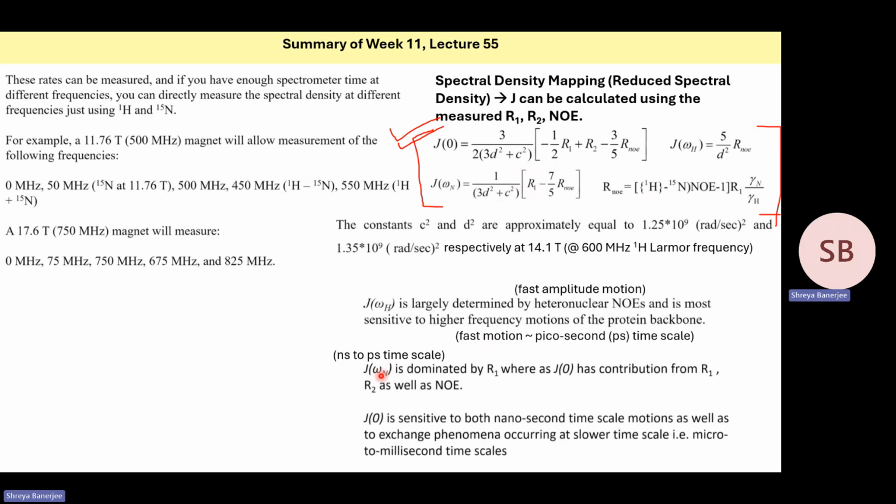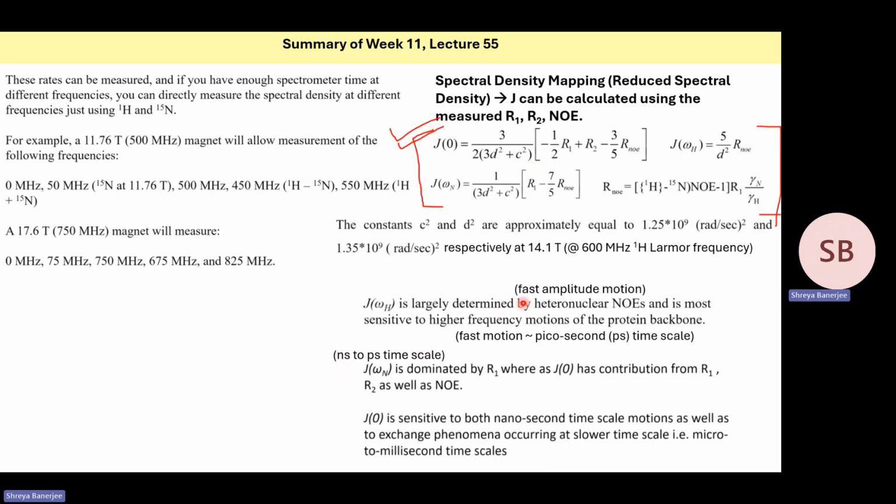So J omega n will give you an idea from nanosecond to picosecond time scale. And J0 has similar contribution from R1, R2, and NOE. So J0 will give you information of both the nanosecond time scale as well as slower time scales like microsecond to millisecond time scale.